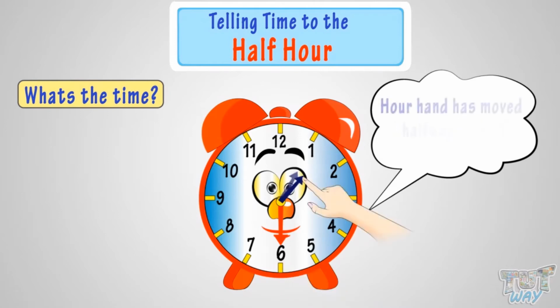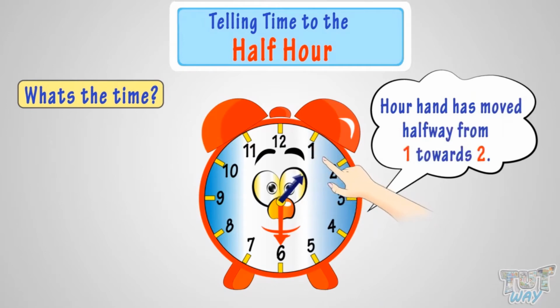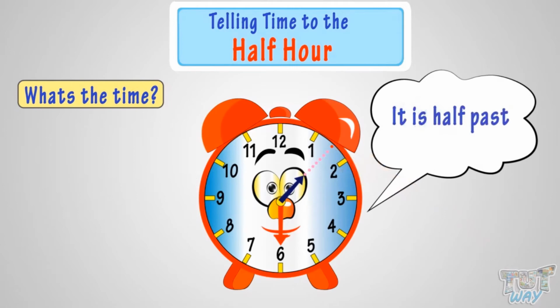Our hour hand has moved halfway from 1 towards 2. Look at the dotted line. That's pointing exactly halfway between 1 and 2. So, it is half past 1 or 1:30.